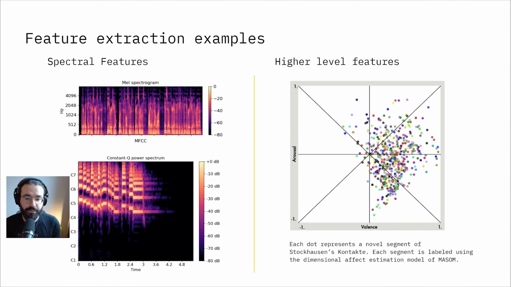Arousal refers to the eventfulness of sound, whether it is calm or quite eventful. Valence refers to the pleasantness of sound, whether it is sad or something that initiates negative emotions versus something that could initiate positive emotions.